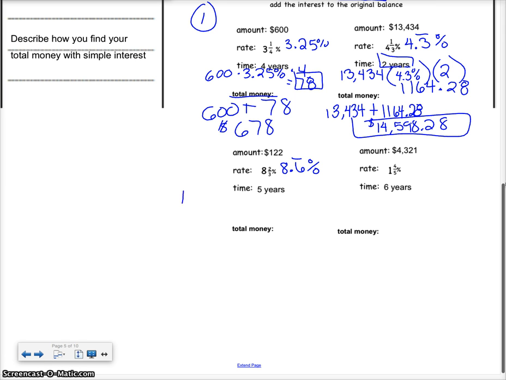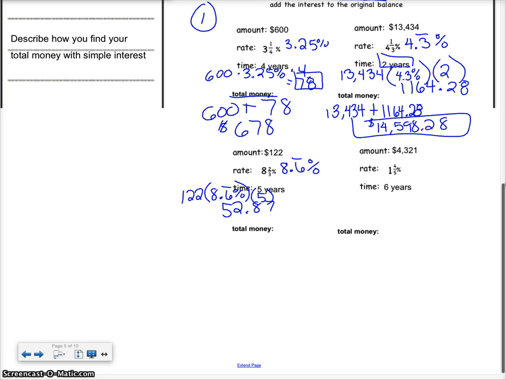So I'm going to go 122 times 8.6 repeating percent times my time, which is 5 years. So I plug it in, 122 times 8 point, a whole bunch of 6's, times 5 is only $52.87, rounded to the nearest cent.